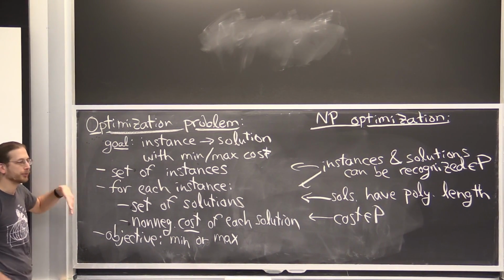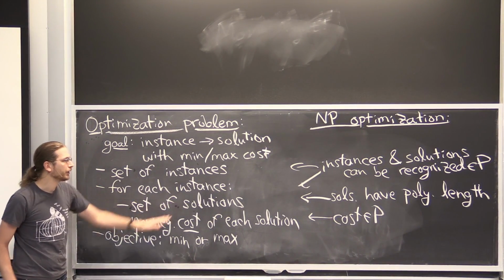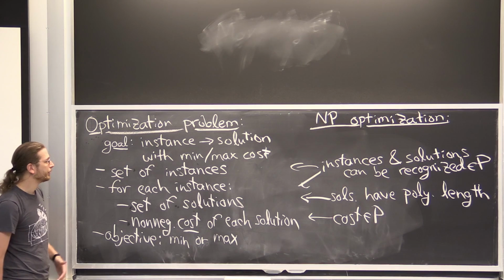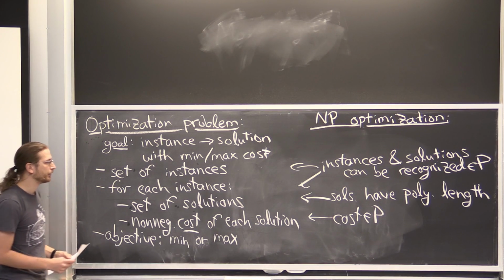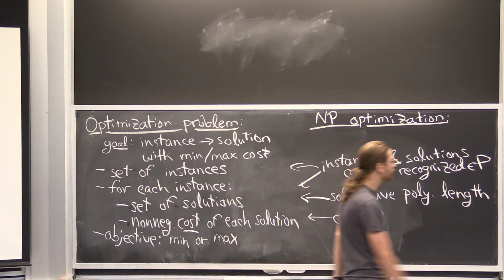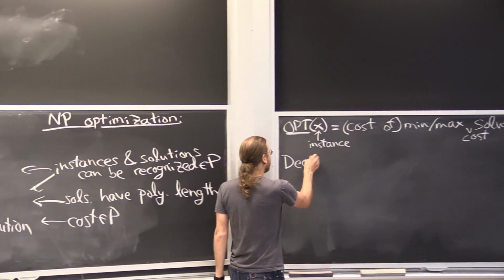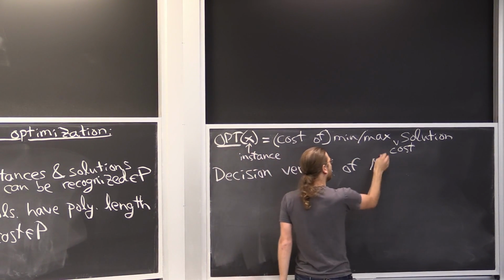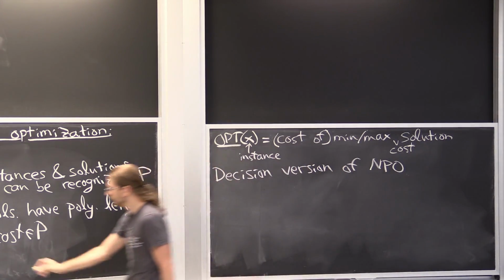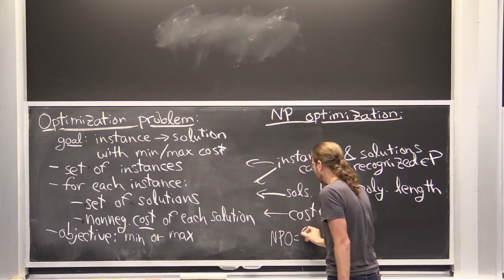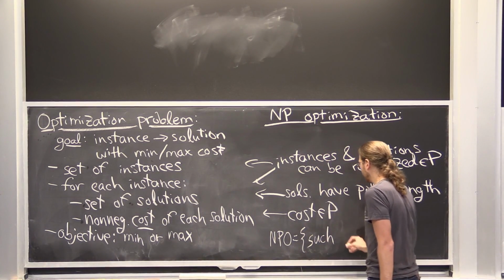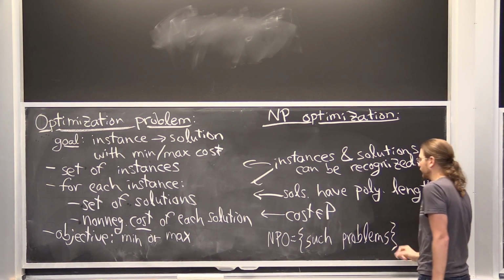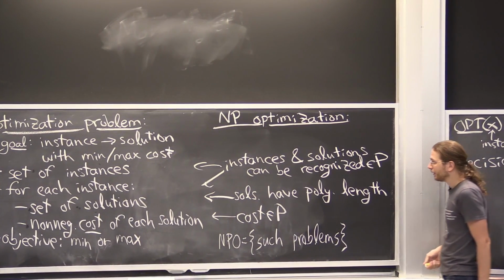So now we're thinking like NP: the solution is going to be something like the certificate that you had for a yes answer. Here it's going to be a certificate that the cost is a particular thing. So given an NP optimization problem, you can define a decision version. NPO is going to be the class of all such problems, NP optimization problems, just like NP was all the problems solvable in nondeterministic polynomial time.